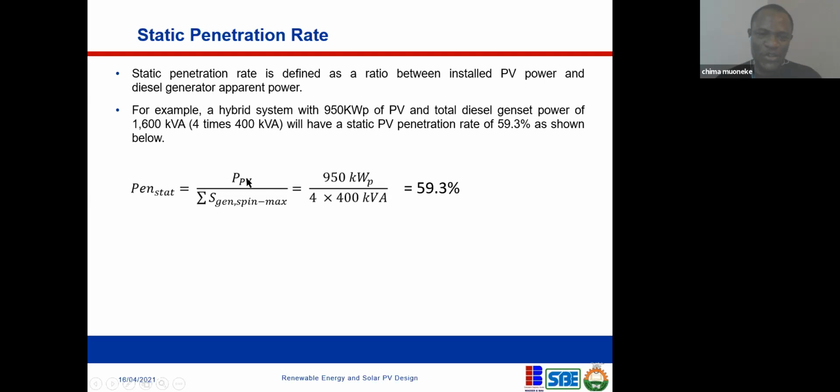So your peak capacity of your PV system divided by the total installed generator capacity will give you what your PV penetration rate is.